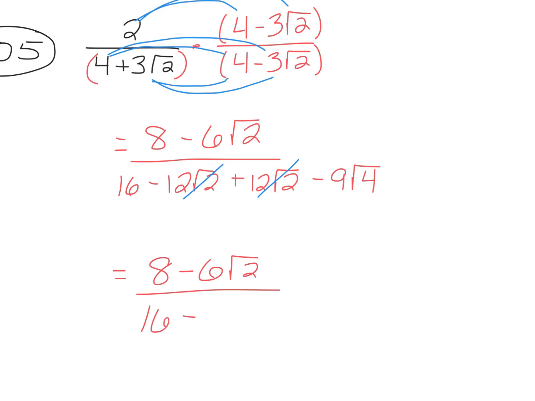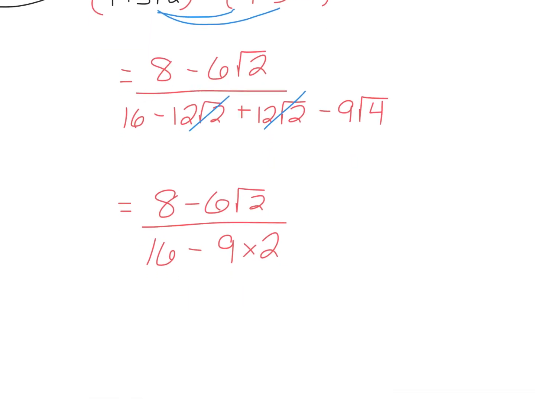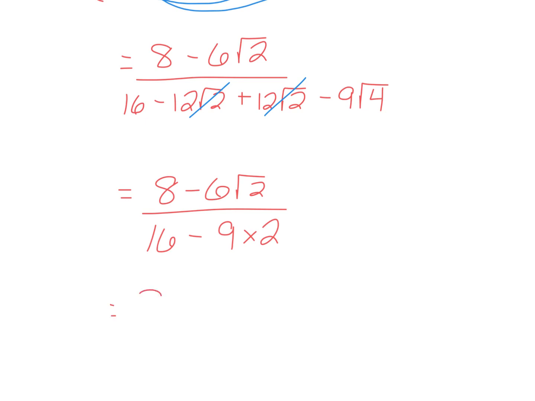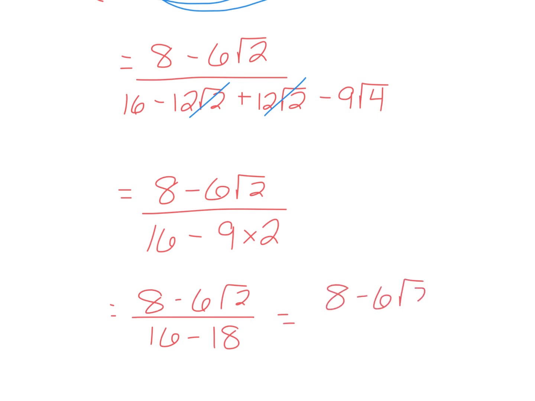What do I do with that 9 square root of 4? Simplify. What is the square root of 4? 2. 9 times 2? 18. You have one more step. That bottom part: 8 minus 6 square root of 2 over negative 2.